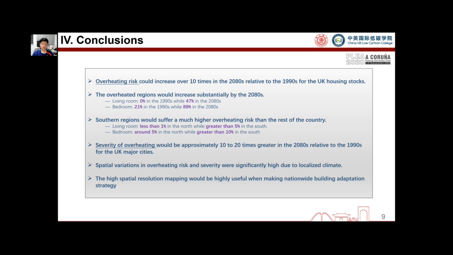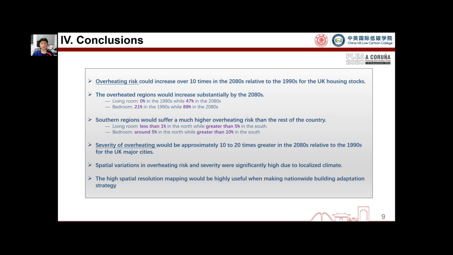For instance, overheating in bedrooms would be around 5% in the north, while greater than 10% in the south. So that is a huge difference between the north and south. And the severity of overheating would be approximately 10 to 20 times greater in the 2080s relative to the 1990s in the case of the 4 UK major cities.